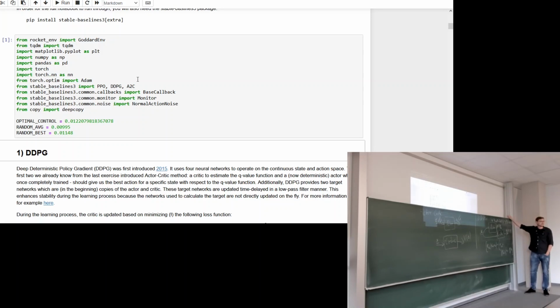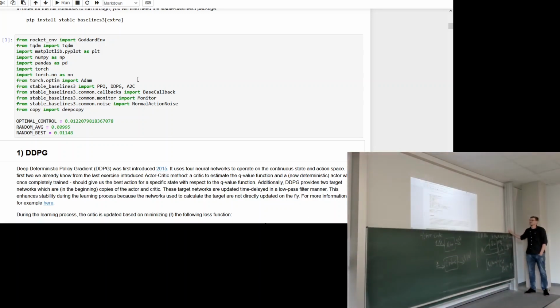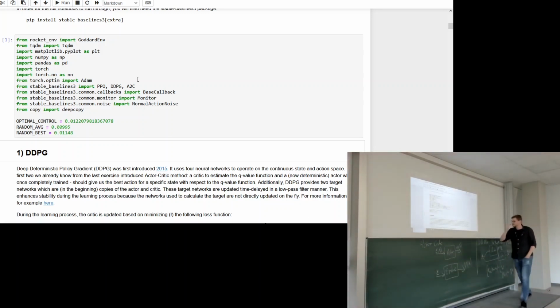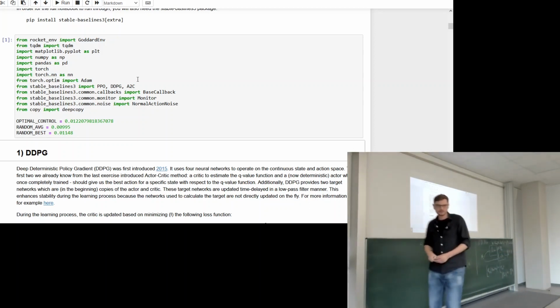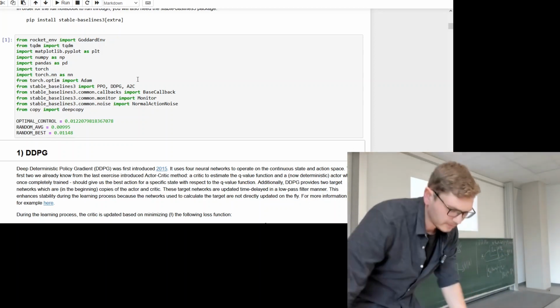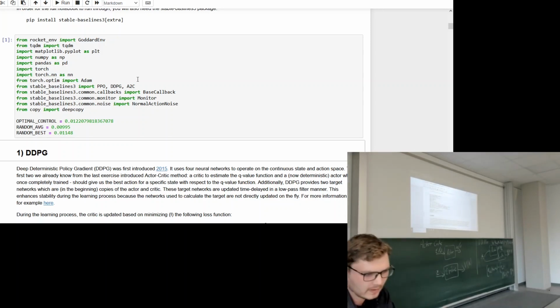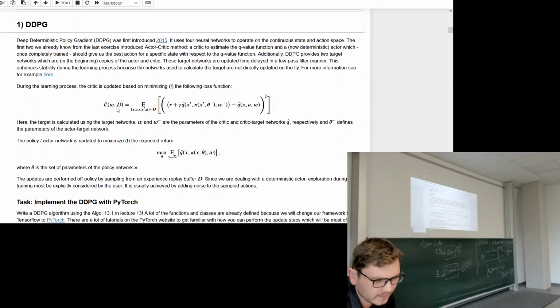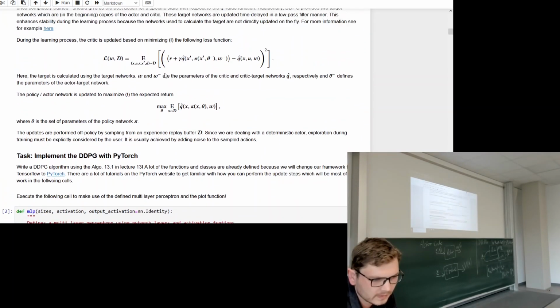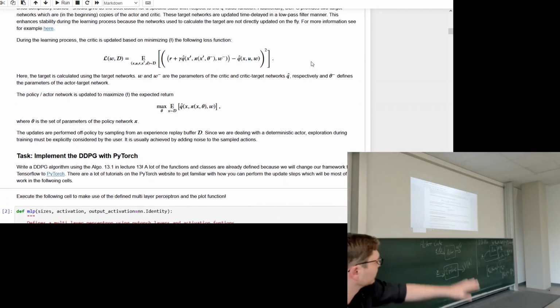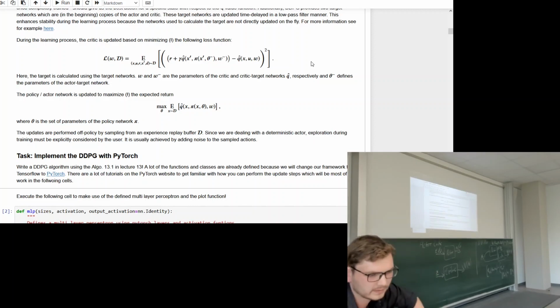Questions? Okay. Then let's get going. So this was a little review of the actual algorithm that we want to use. Here's again the update rule. So actually what I wrote there in the right corner.